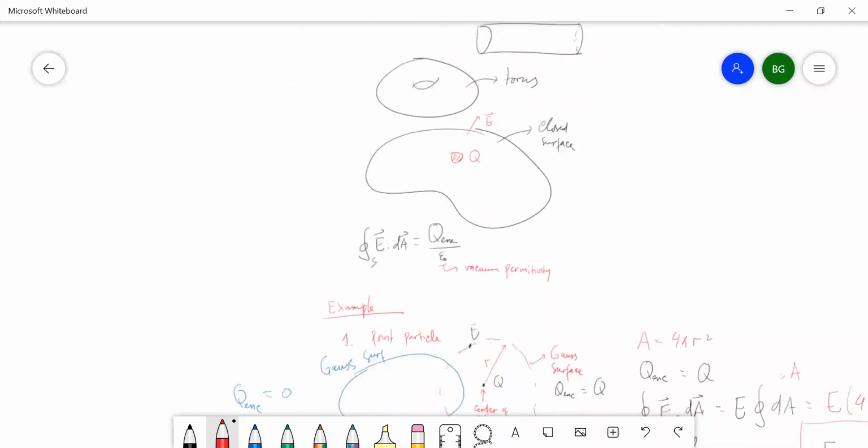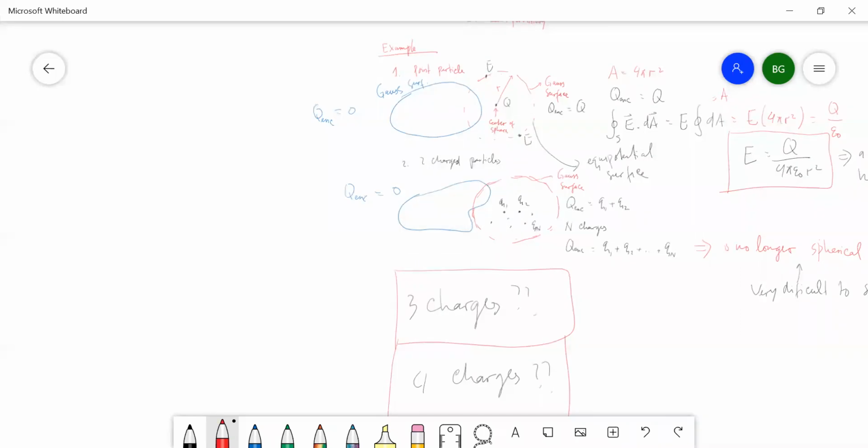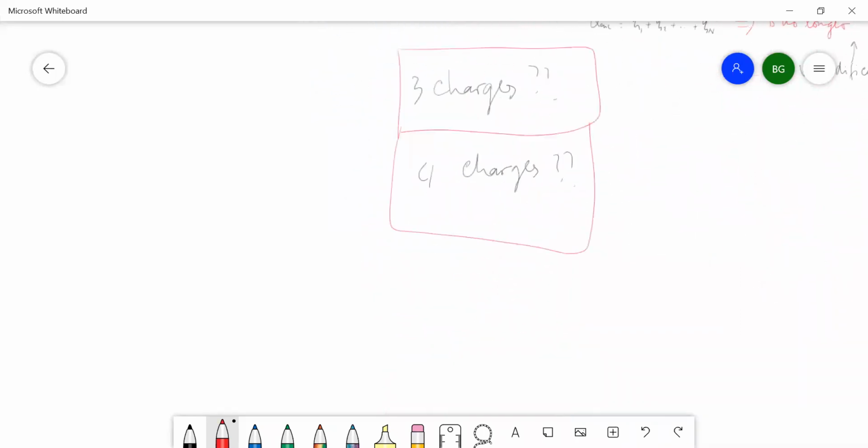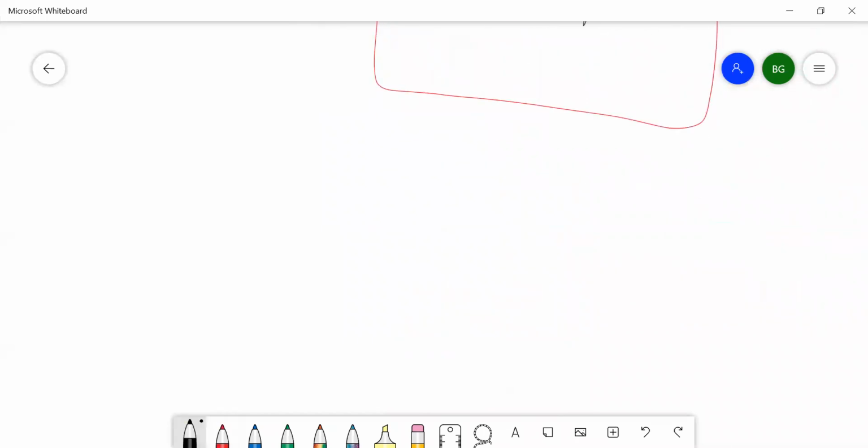So I will give you another example with symmetry also. The third is, let's say, a sphere, a thin shell, a thin sphere.